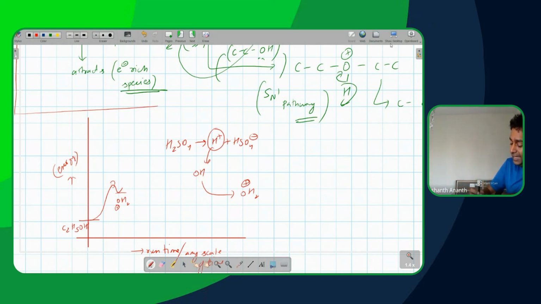So the instant when this breakage is happening, that is this part. The uncombined H plus then combines with the OH and it ends up coming here. So you can think of this level here as a mixture of C2H5OH, H plus, and HSO4 minus, all together at that same instant.